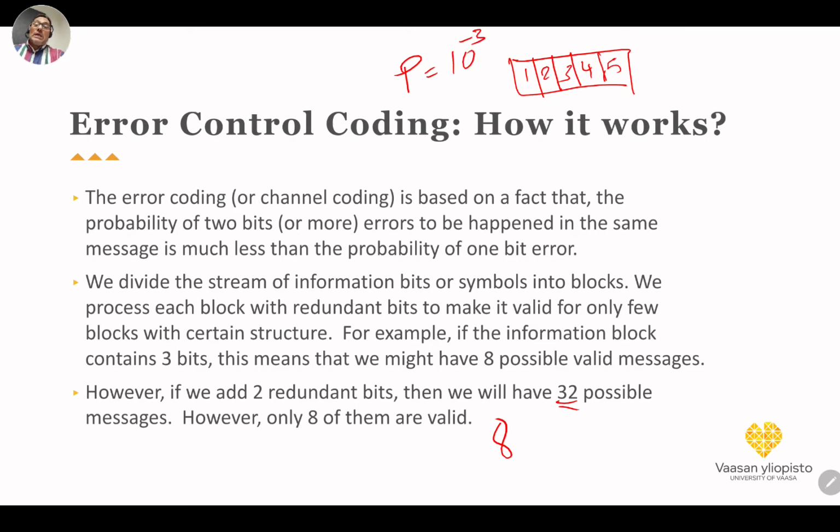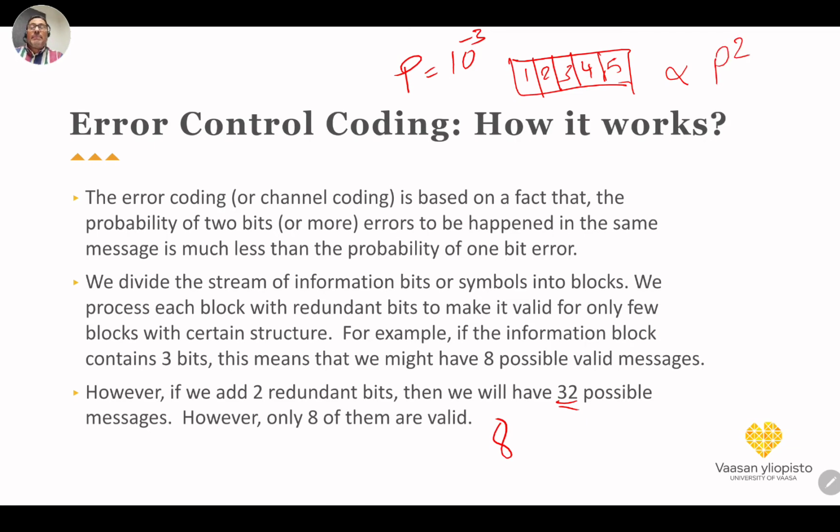What is the probability that in this packet you will receive 2 errors? In this case, the probability that you will receive 2 errors is related to p squared.